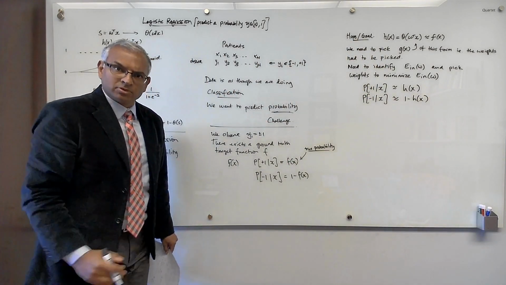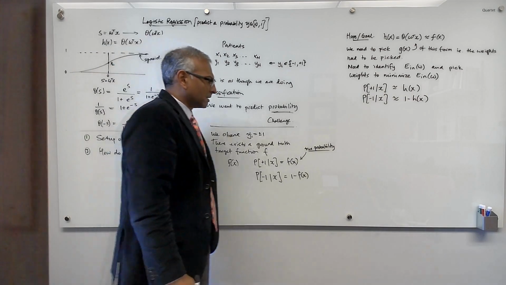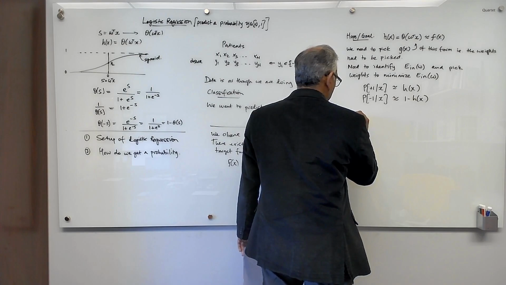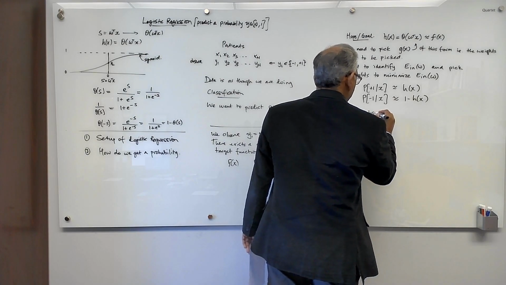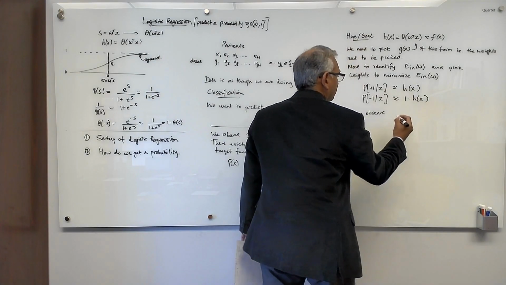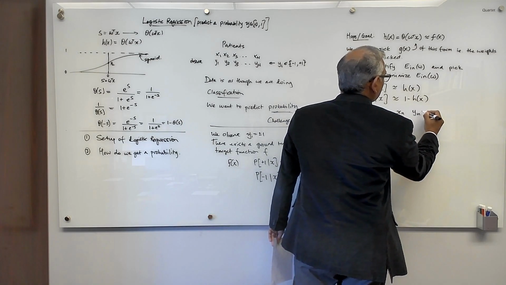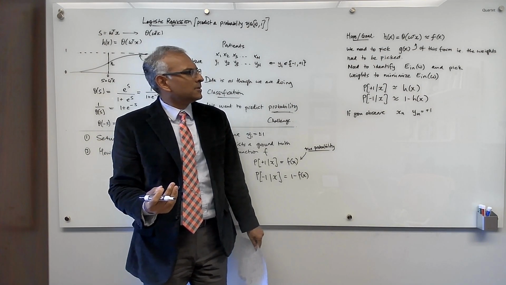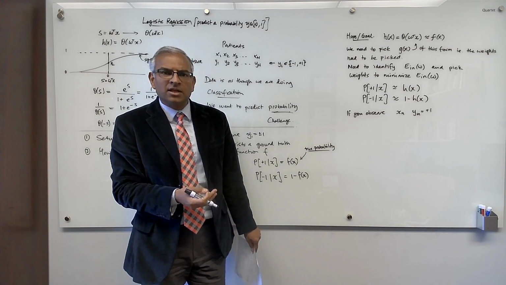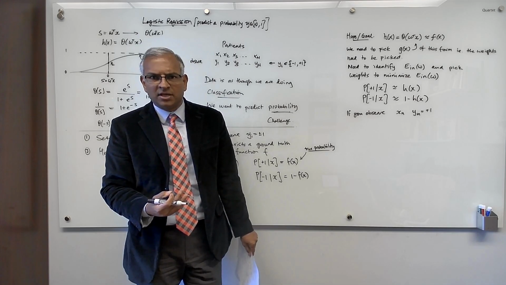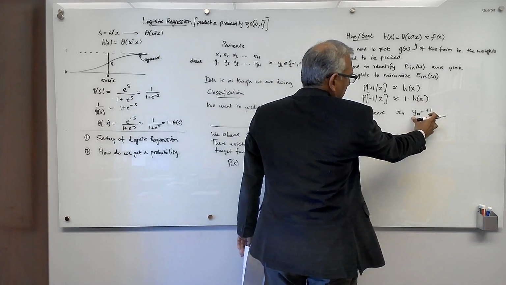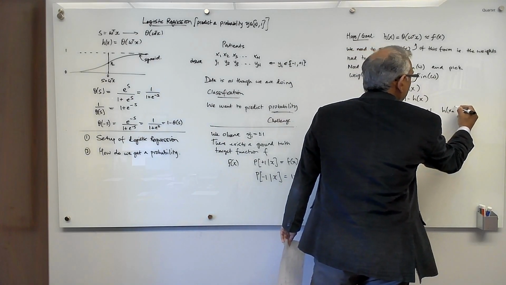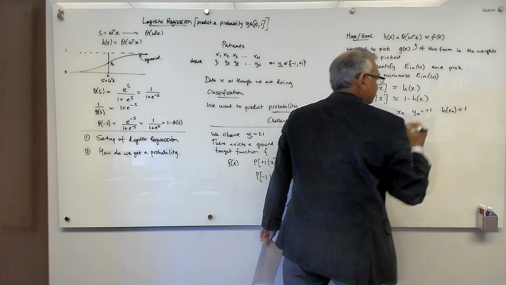So, if you observe a data point xn for which yn is +1, that is going to be the likely outcome if h of xn is approximately equal to 1.